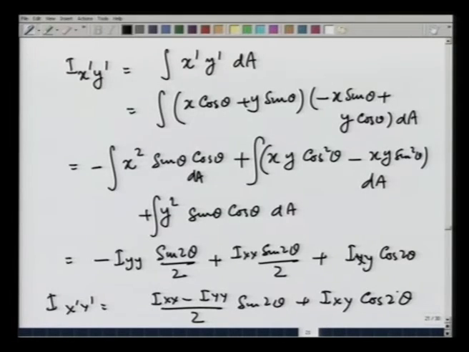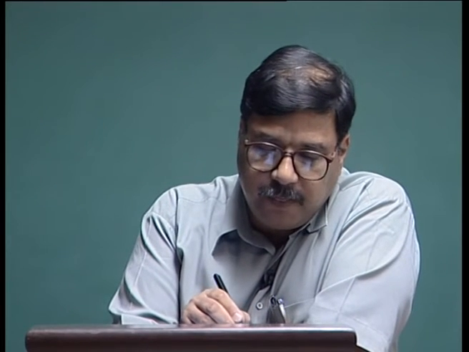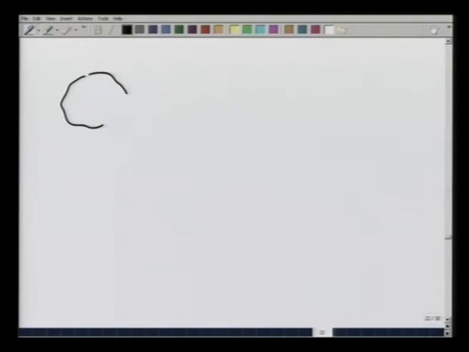Let us summarize. What we are looking for is, if we know for a body the products and second moments of inertia in one particular frame, how about its values in the rotated frame? In the rotated frame, let me now write it in blue.